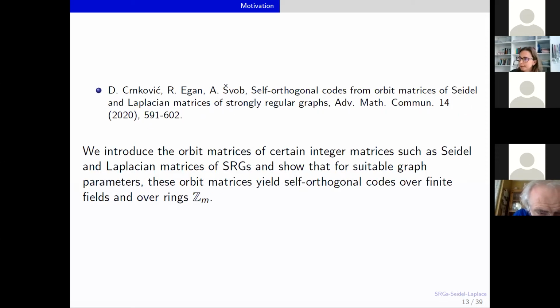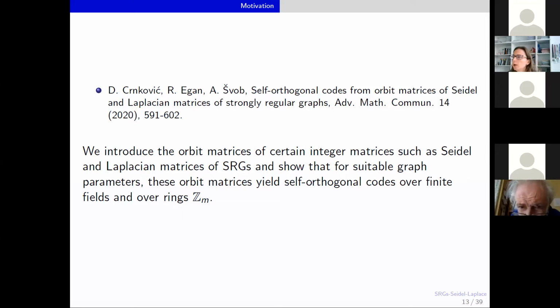Okay, and this actually leads us to the main idea, which was: let us try to introduce the notion of orbit matrices of certain integer matrices, such as Seidel and Laplacian matrices of strongly regular graphs, and let us try to show that for suitable graph parameters, one can construct codes with nice properties, or obtain self-orthogonal codes over finite fields.